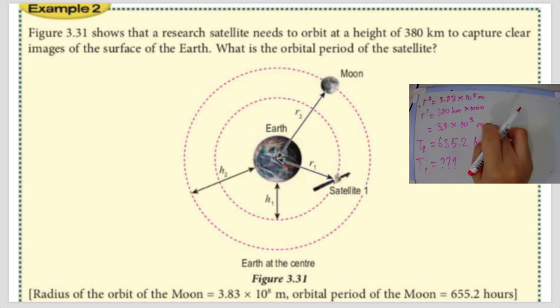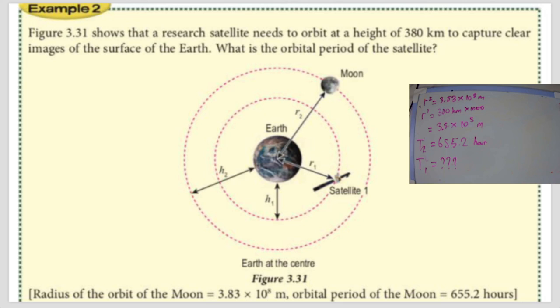I forgot to write that. For the radius of the satellite, you also need to add the distance from the surface of the planet to the center of the planet. Because earlier, if you look at the question, it only mentions the height. The height of the satellite is 380 kilometers.